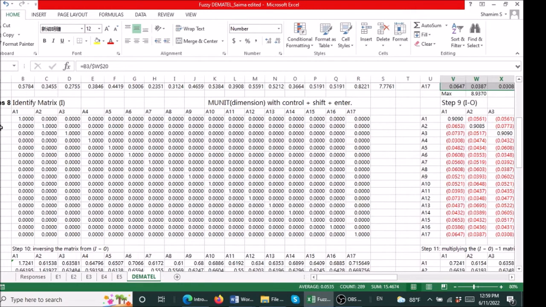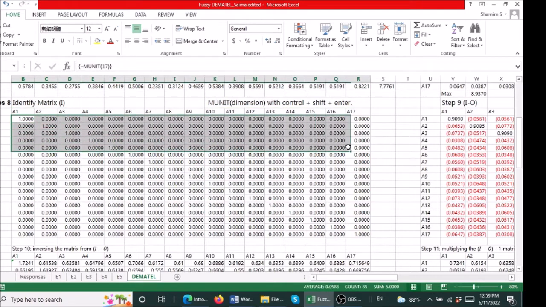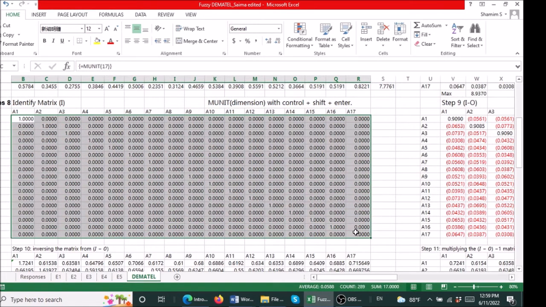You have to create the matrix first, then select the entire range, then click the equal sign, then write the MUNIT function for identity matrix.